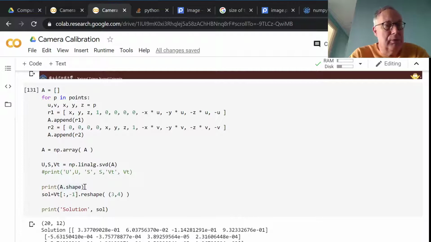So I have 10 points. I get 20 rows, 12 unknowns. And then I reshape that into a 3 by 4 solution matrix.